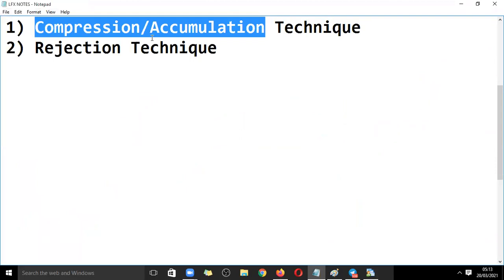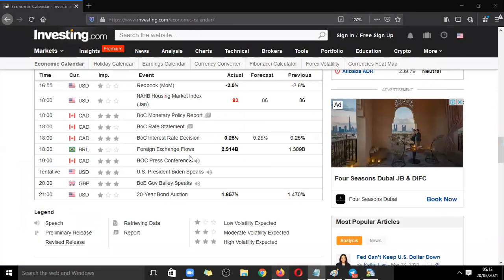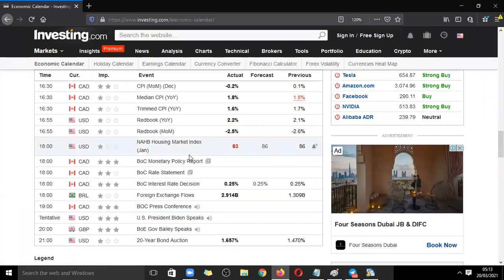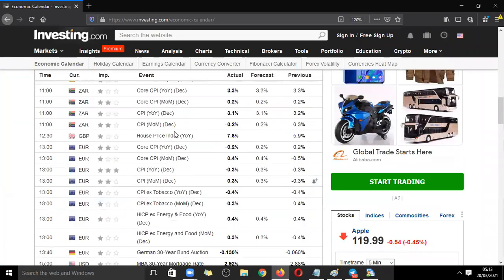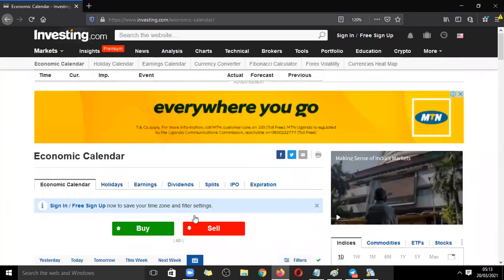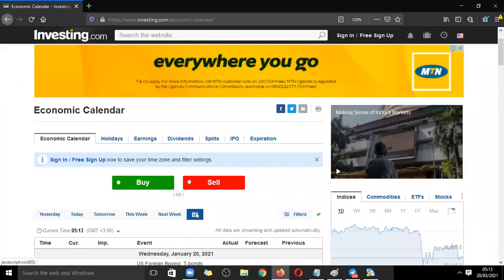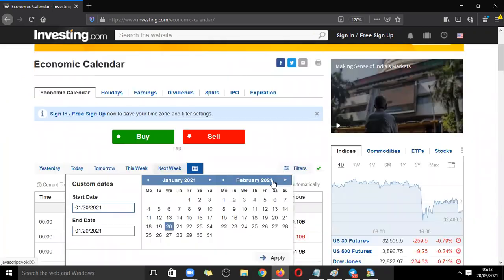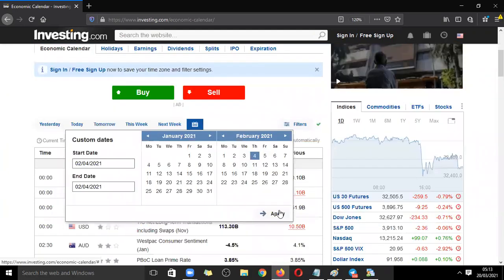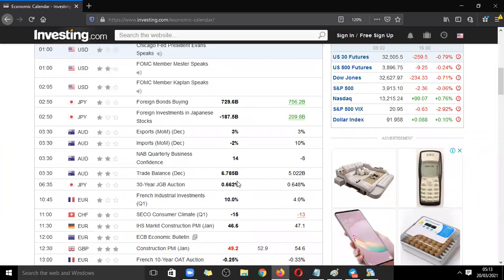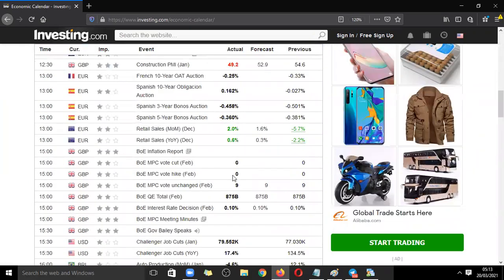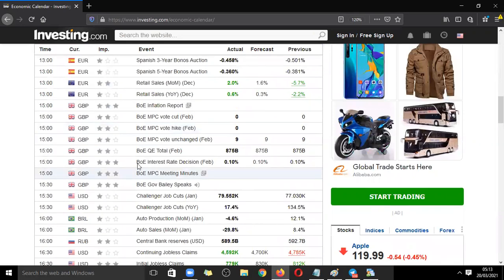Let me get more examples. On the 4th of February, we had the interest rate decision for the British pound. You can all see it there.